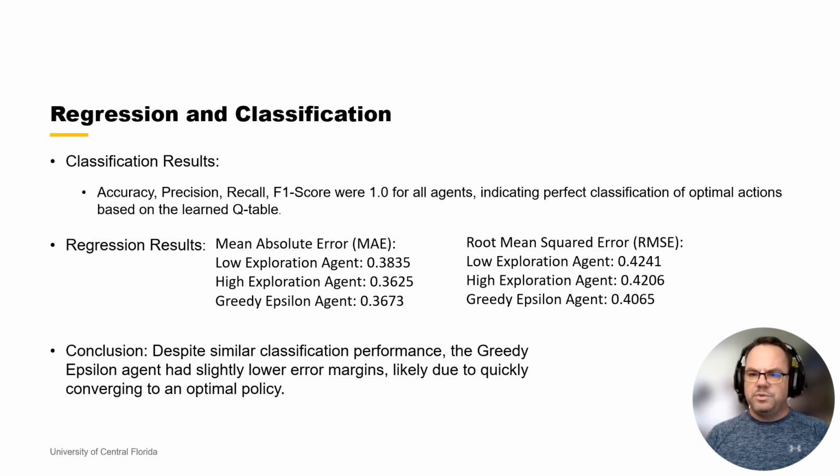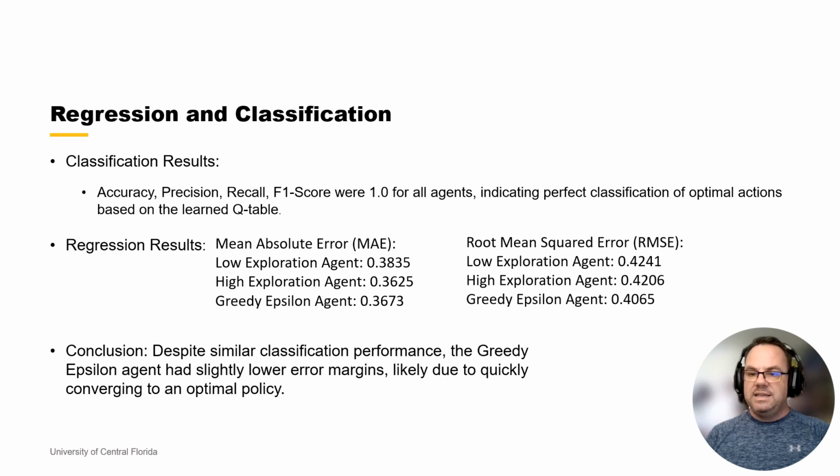Looking at the regression results, here we can see some subtle differences in how accurately the agents learn the optimal Q values. The mean absolute error shows that the high exploration agent had slightly lower error when compared to the greedy epsilon agent and the low exploration agent.